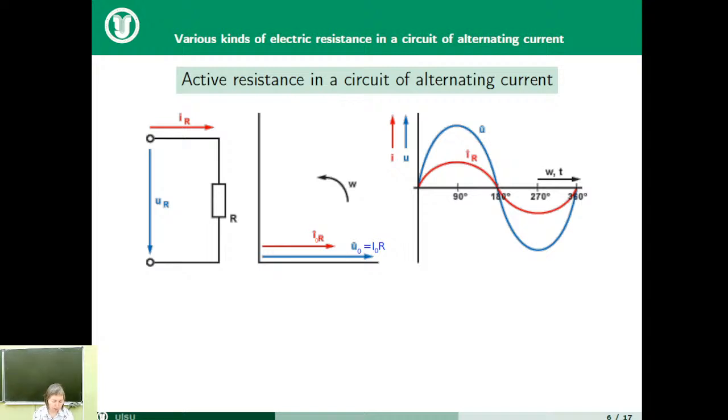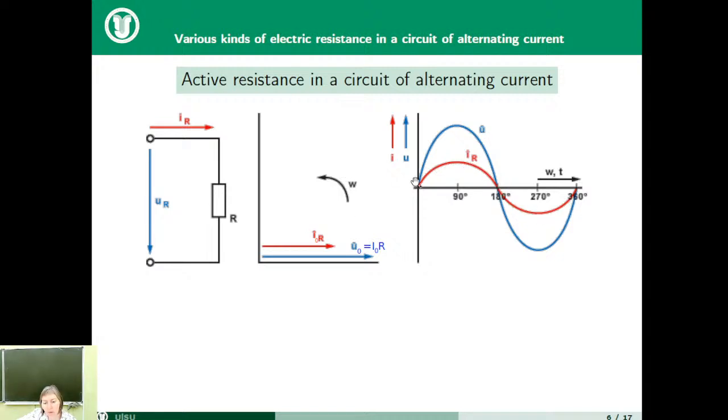At the presence in a circuit of only R, the voltage is U equal to U0 sin omega t. The current and the voltage coincide in phase. The graph of current and voltage and also the vector diagram of amplitudes of a current and the voltage are shown in this picture.